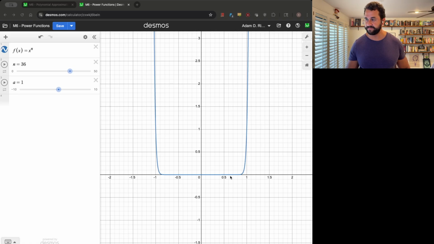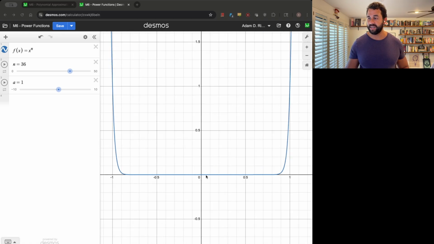The flattening out. And that makes sense if you appeal to our fundamental intuition we talked about in chapter 1, right? We're raising the power, so that means we're multiplying more times, right? So this is whatever number x multiplied by itself 36 times.